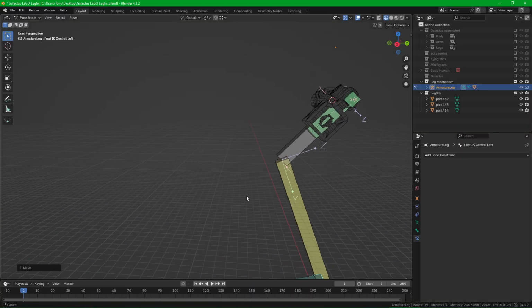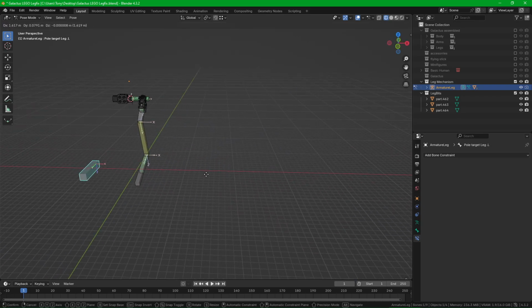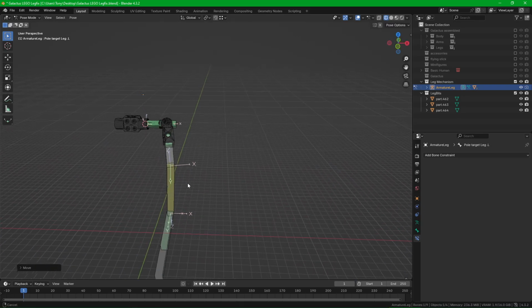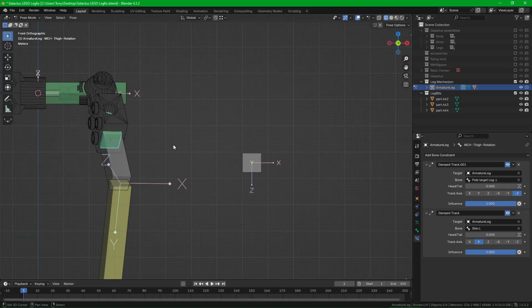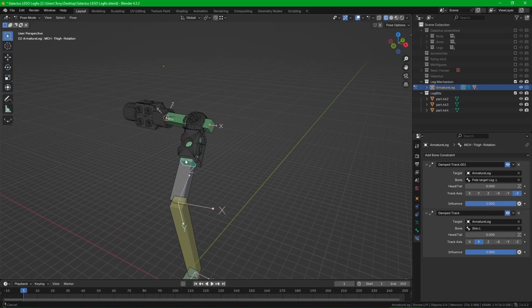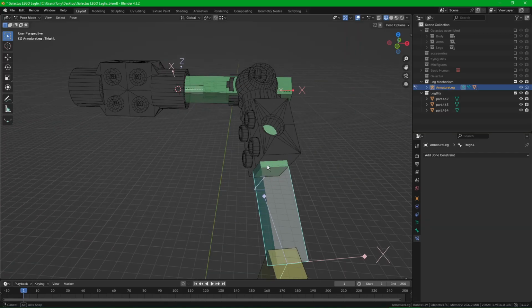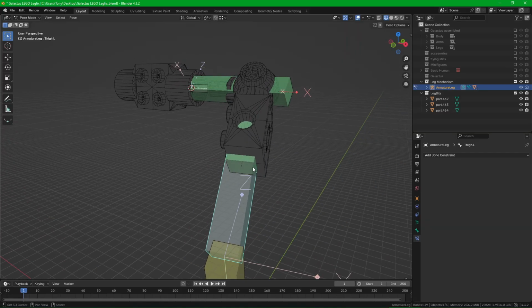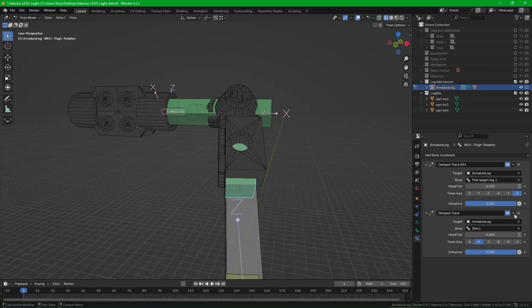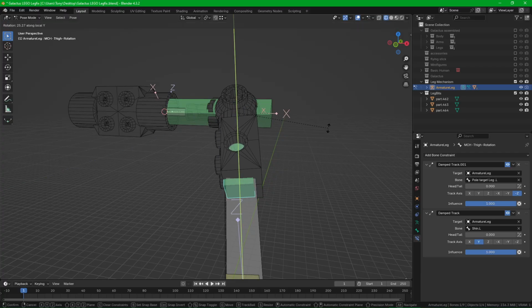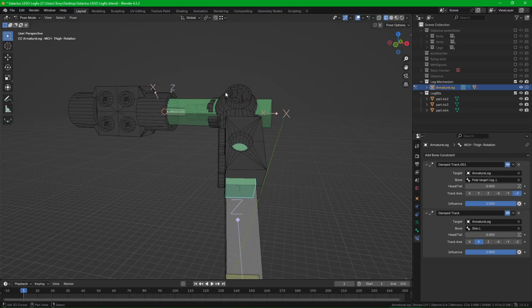If we move this up, and we move this knee off to the side, I guess the question would be, what do you want to happen? Right, I'm guessing you want this bone to roll around this angle like that, to keep that pointing in that direction.